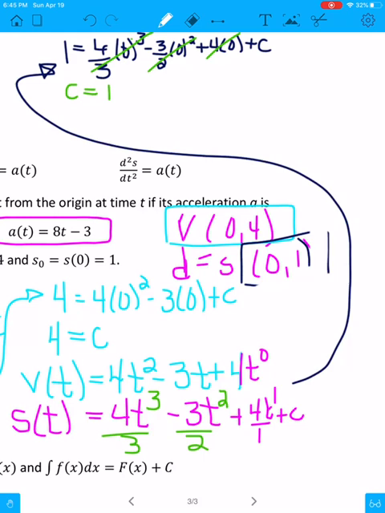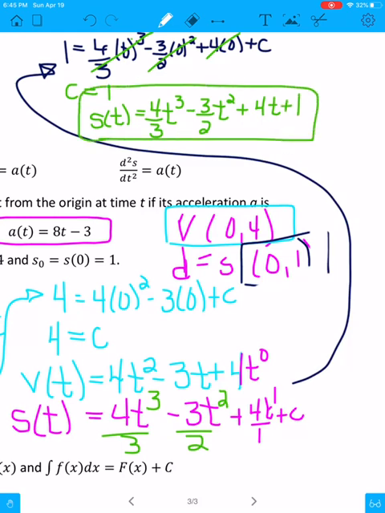And then I can just write the distance formula. So s of t equals 4 over 3 t cubed minus 3 over 2 t squared plus 4 t plus 1. That's the answer.